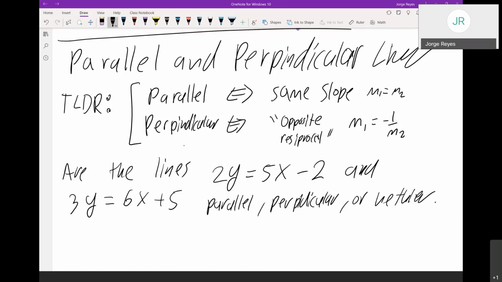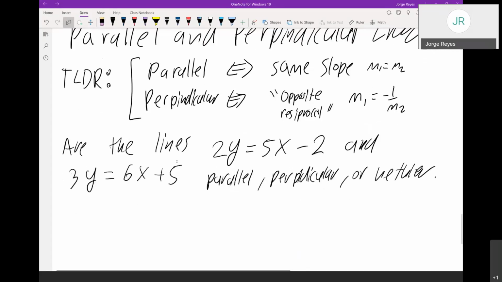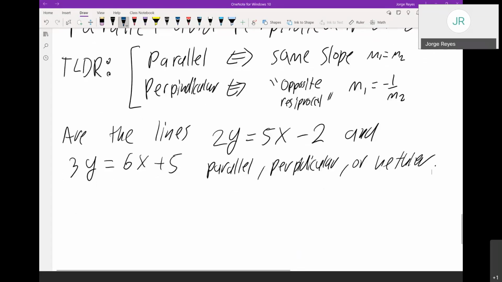This is really not that hard. You're just testing if they are. So what you do is you need to find both of these lines' slopes. I'm going to call this one L1 and L2. Line 1 has slope 5 over 2, right? If I divide both sides by 2, we can see this is the slope.